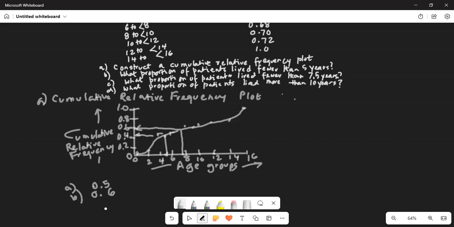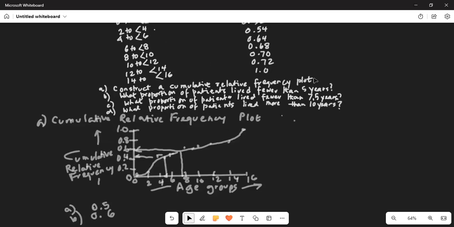And part C says lived more than 10 years. What proportion lived more than 10 years? Okay. So if you look at over here at 10, let me also go back to the table. So 8 to 10 was 0.68.